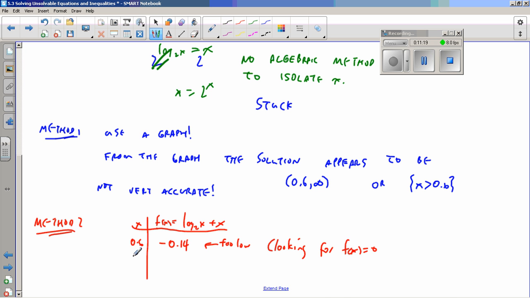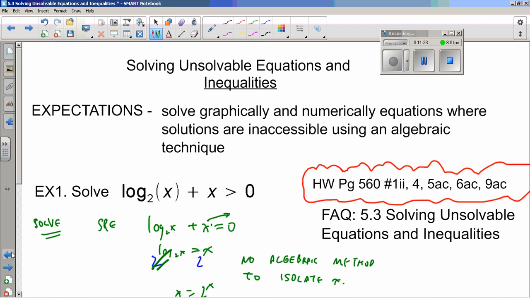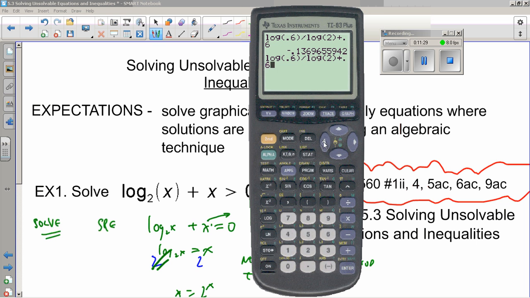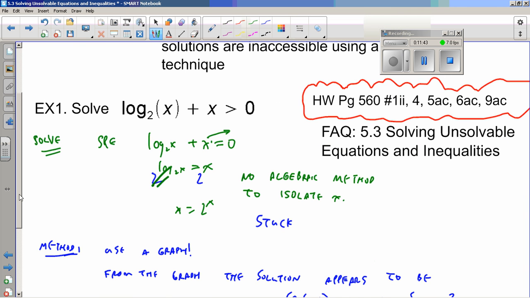So try a little bit more, maybe 0.7. What's nice in my graphing calculator, or your scientific calculator, is you can just go back and change your guesses. And in fact, the folks that are really good with these calculators can have a whole table of guesses if you wanted to. 0.18.